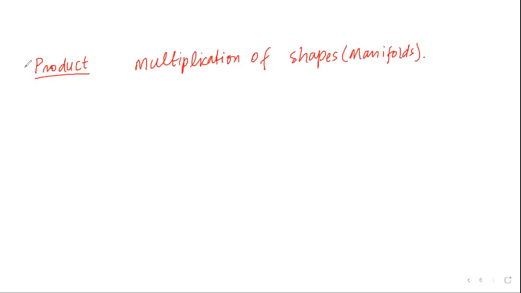Okay, so first I will define what it means to multiply shapes. If you have two manifolds or two shapes x and y, we write the product with the multiplication sign, x cross y.